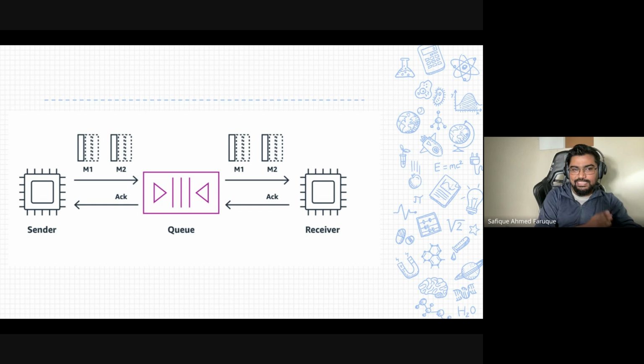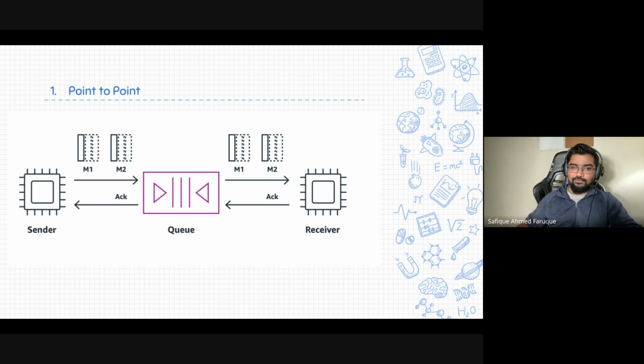The sender will send all the messages, you can see M1, M2. They go to the queue, and this queue will be processed by the receiver, M1 and M2. It will not send any response normally. It will just send an acknowledgement that, okay, I have received this one. So this is how the message flows in point-to-point or peer-to-peer communication. The simplest form of event-driven is this one.